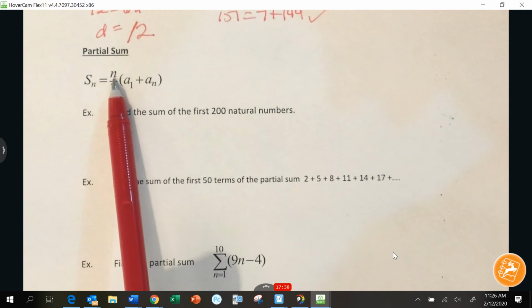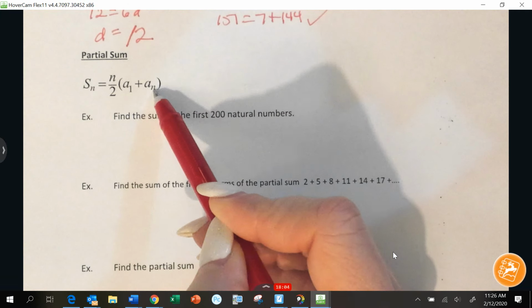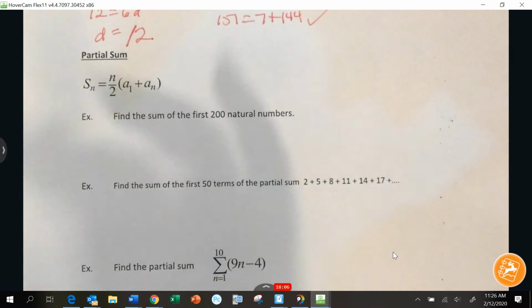You should already know what n means. What's n mean? The term number, like number of terms. What does a sub n mean? The n tells me the term I'm on, but when I do a sub n, what does it tell me about the term that I'm on?